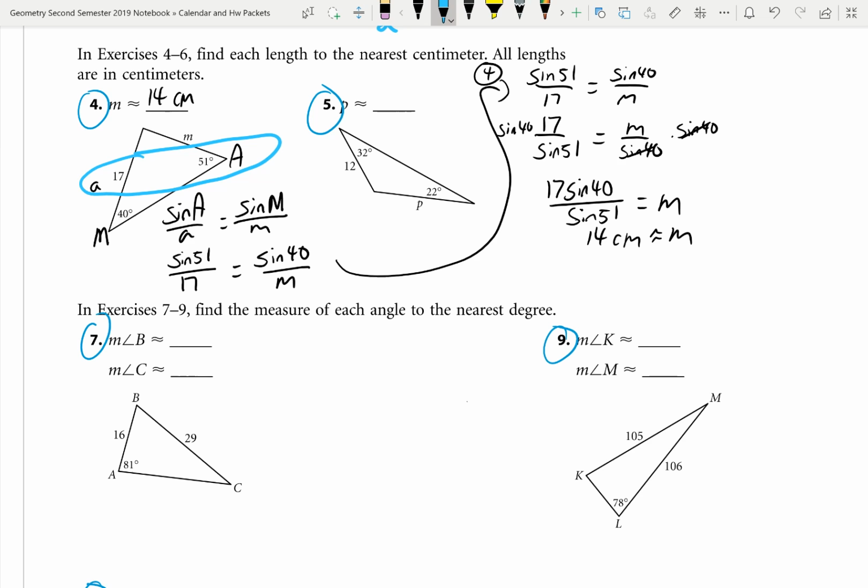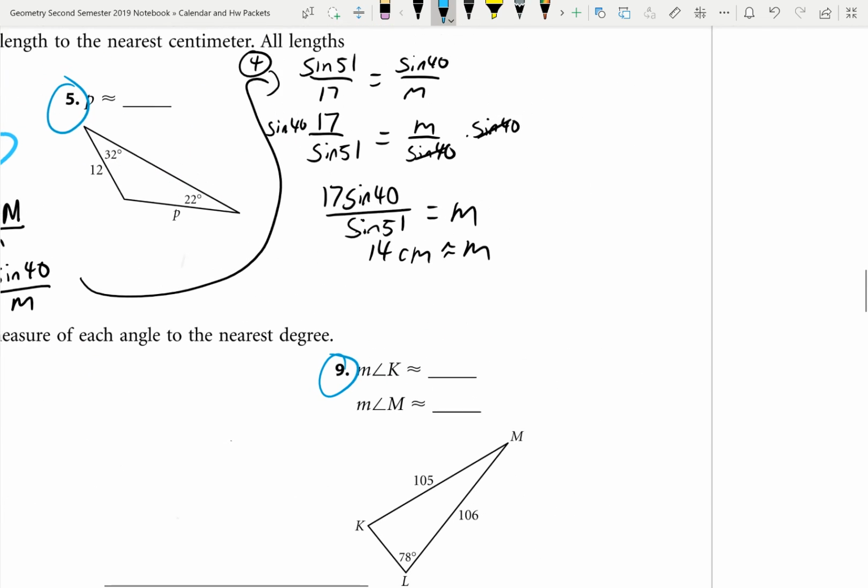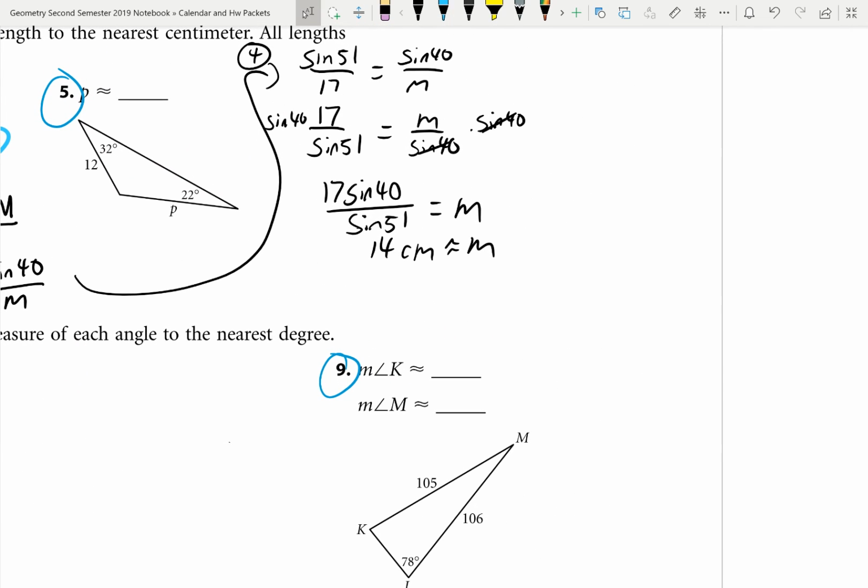Now, what about in 5? What's the angle side pair for 5? Well, we have 12 and 22 here. So that is your angle side pair.